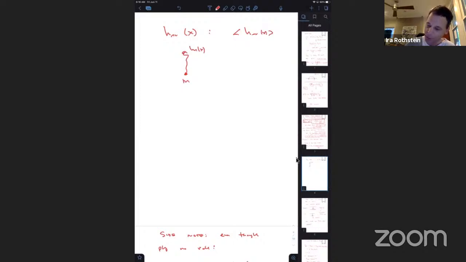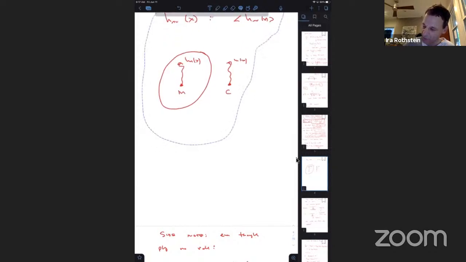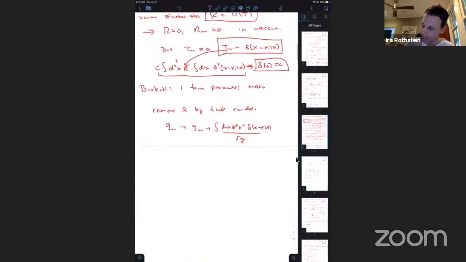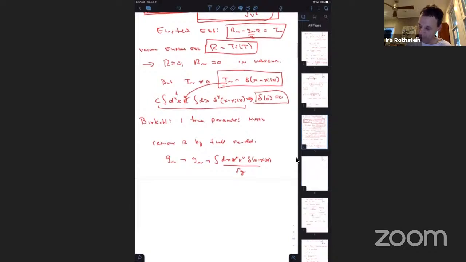In fact, we know from Birkhoff's theorem that this can be the only contribution to the one-point function. Now, if we had this R operator, it would also contribute to the one-point function with a C here. And we know that's not allowed, because from Birkhoff's theorem the mass completely determines the value of the field at any point away from the source. So we can conclude that our mathematical sloppiness is justified by our physical reasoning, and it becomes inescapable that that must be set to 0.